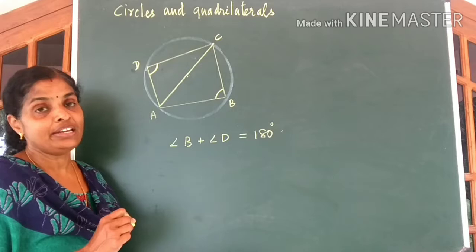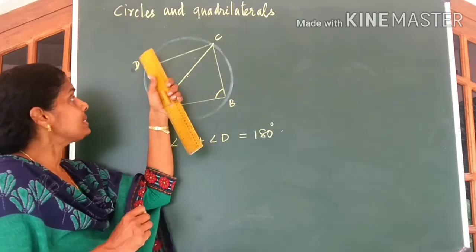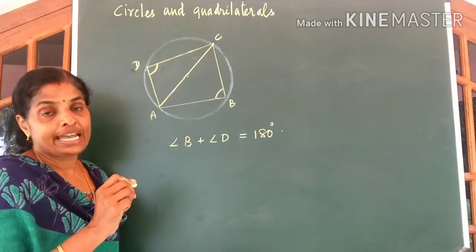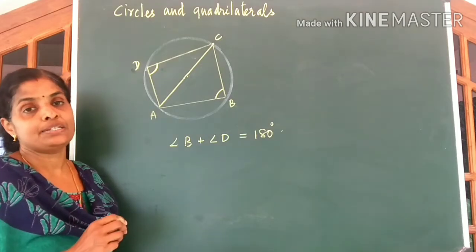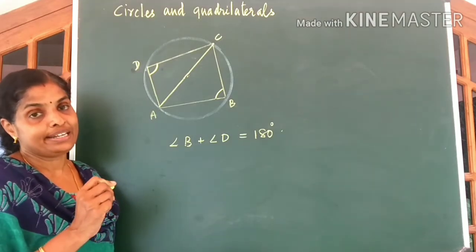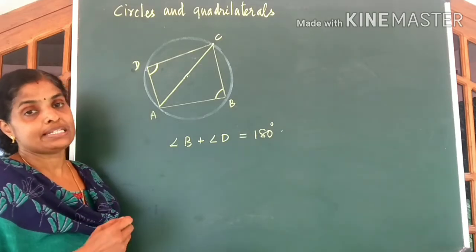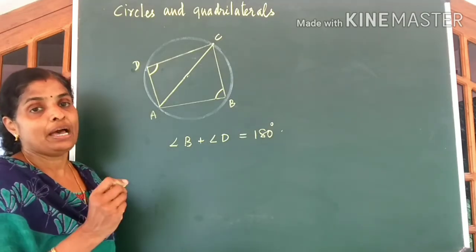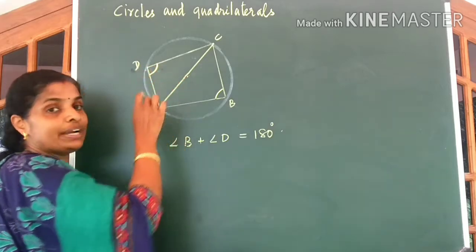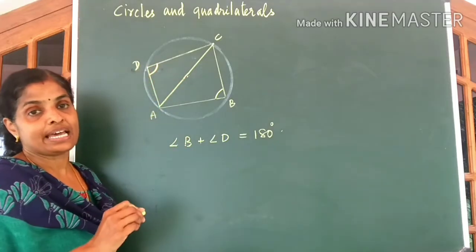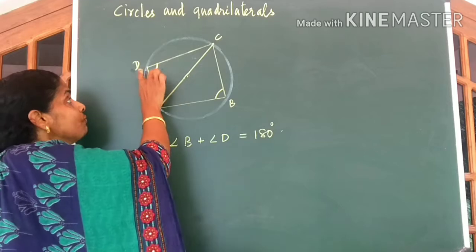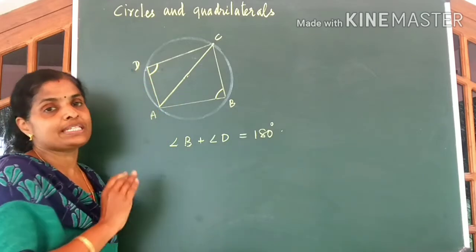Is it clear, children? So if all four vertices are on the circle, we get sum of opposite angles to be equal to 180 degree. Now let us see two more cases, that is what happens if fourth vertex is inside the circle and if the fourth vertex is outside the circle.